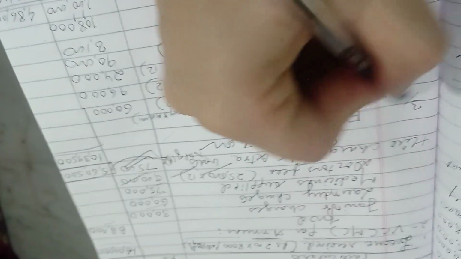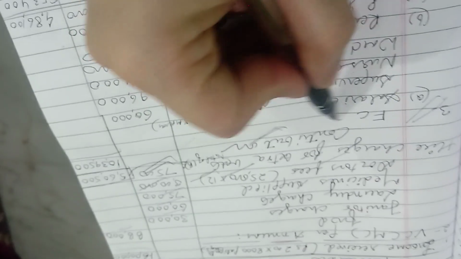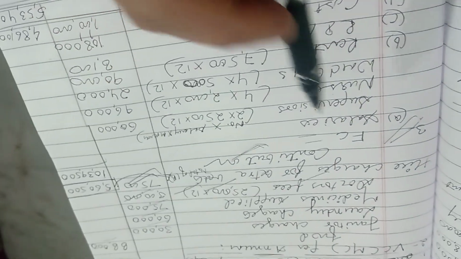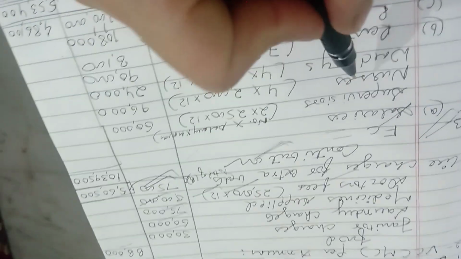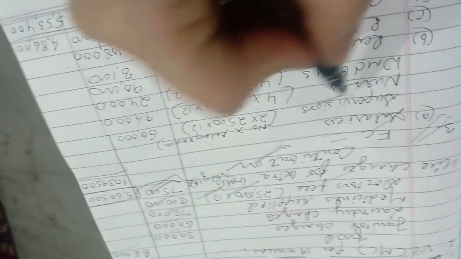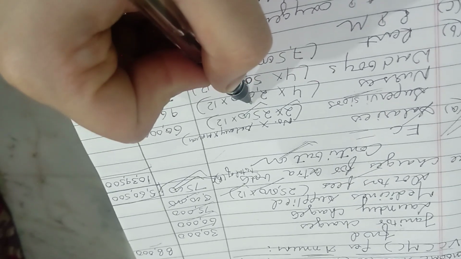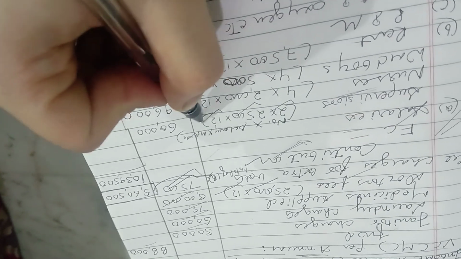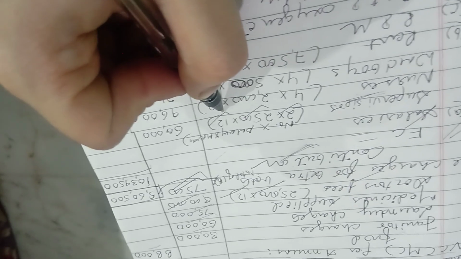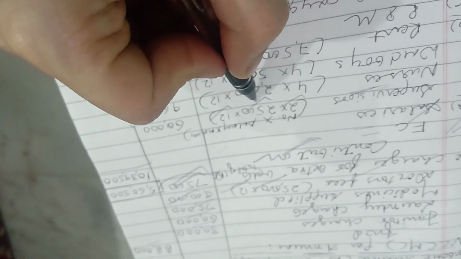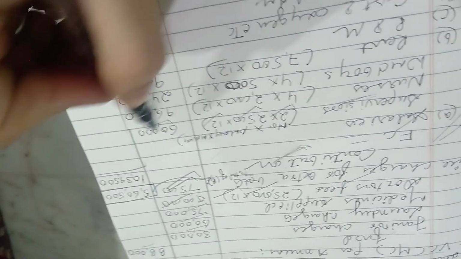Now the third point will be the fixed cost. Here we will take all the fixed charges that are related with the hospital. First is salaries. Supervisor salaries, because 2 supervisors are there, the salary amount is 2,500, and for 12 months we have to calculate supervisors number 2 into their amount 2,500 into 12, that means 60,000.